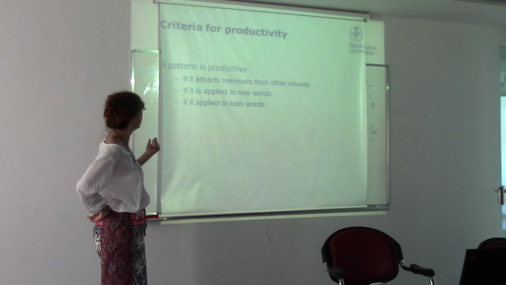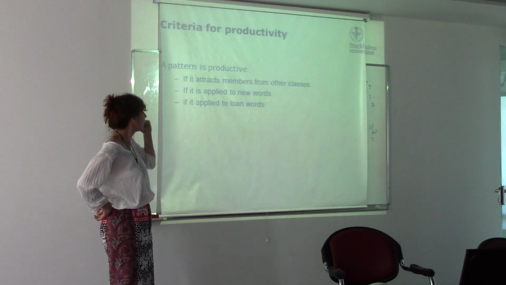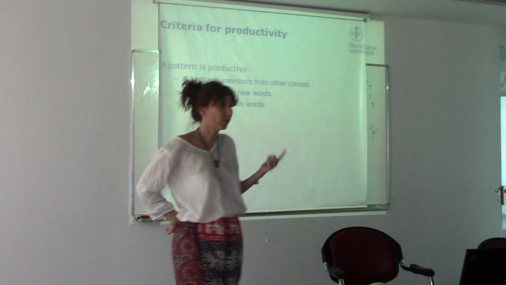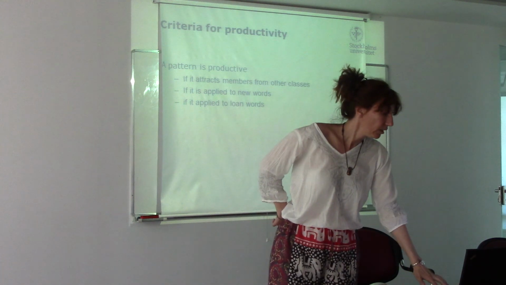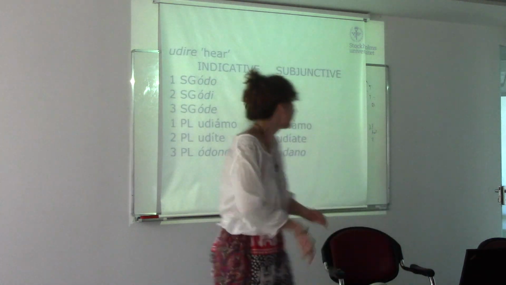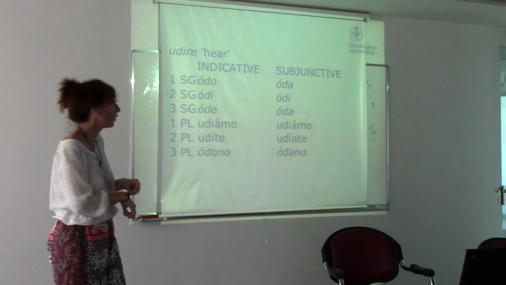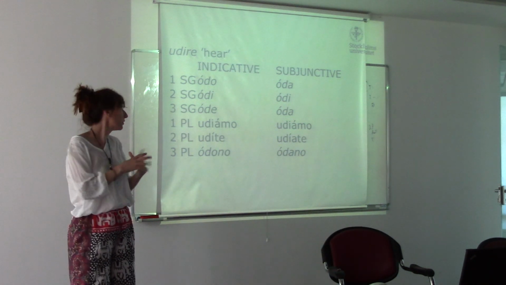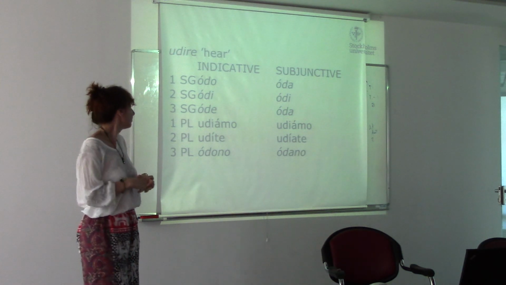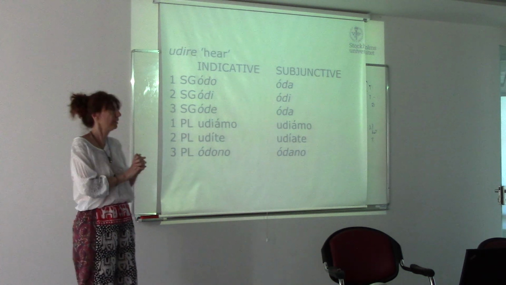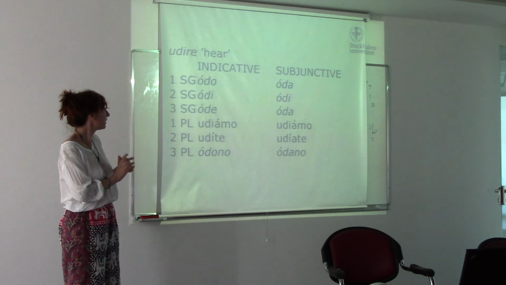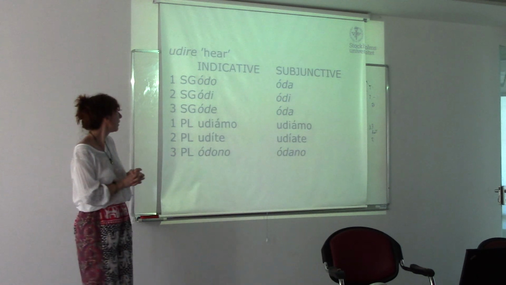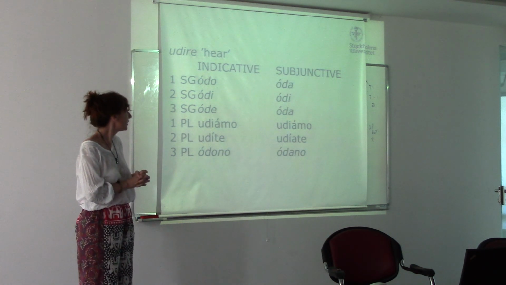As I said, a pattern is productive if it attracts members from other classes, if it is applied to new words and to loan words. If we go to verbs, we'll go through the template morphology that I talked about before. Now I forget which Romance language I showed, but here I'll be showing Italian verbs and their templates.